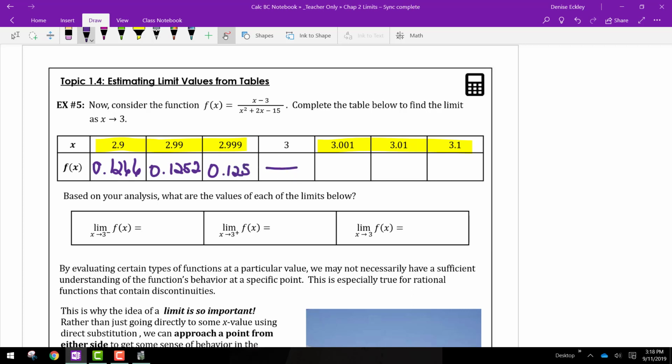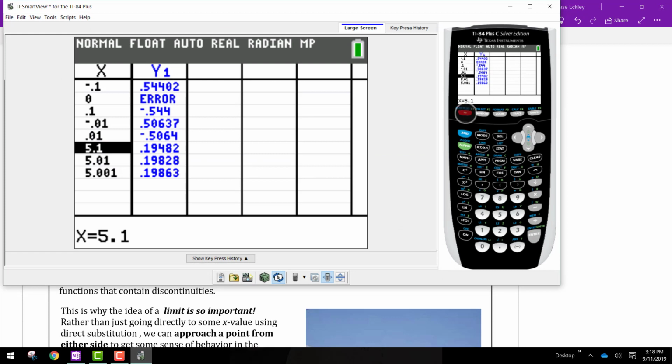This function is undefined at 3. At 3.001, I have 0.125. At 3.01, I forgot to write that one down. I'll have to look it up. So let me just do that one real quick for you.